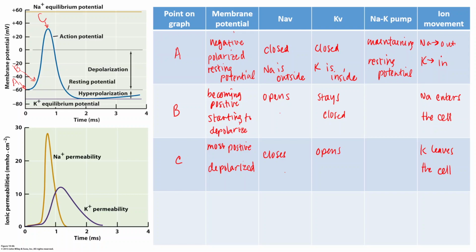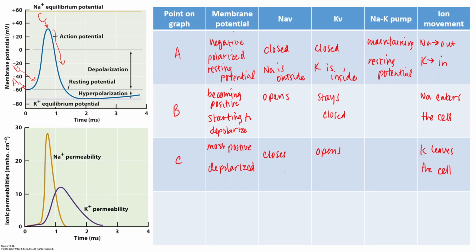So if it's flowing out of the cell, what's going to happen to the membrane potential as the potassium leaves? Positive ions leaving the cell. Yeah, it's going to become more negative, and that's exactly what we see here, right? The potential starts to go down as soon as that potassium channel opens.